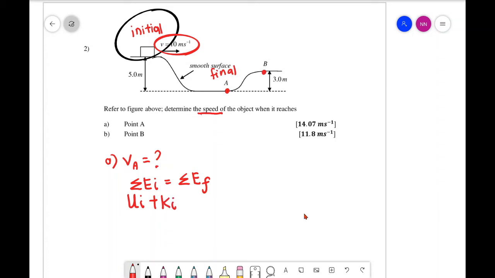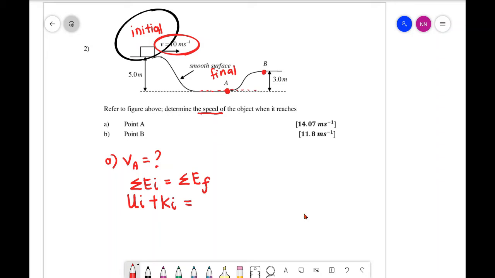Alright, and then for the final position, what kind of energy does it have? It has kinetic energy because it's still moving, but it has no potential energy because it is at ground level.